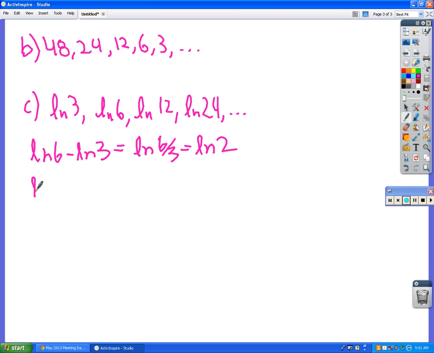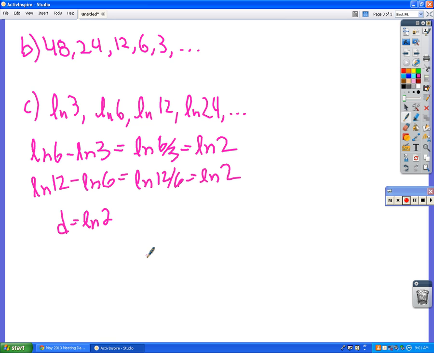What is the natural log of 12 minus the natural log of 6? Natural log of 2, using the same logic, because this would be the natural log of 12 divided by 6, which is the natural log of 2. And then the same thing is true for the natural log of 24. So what is d this time? Natural log of 2.